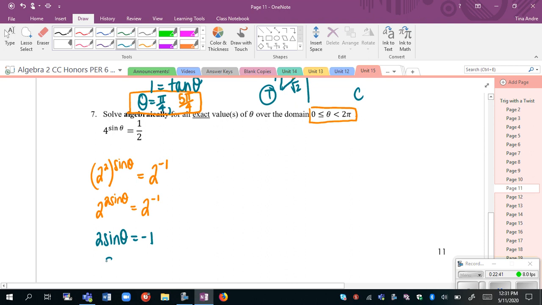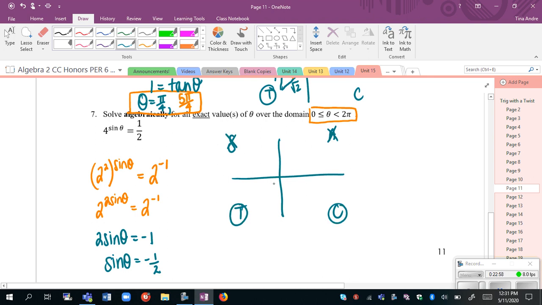So this is exactly like what we just did. So now sine of theta is equal to -1/2. And now we go through and we solve it. So now we can draw our picture. Where is sine negative? Well, not here or here, so it's going to be in quadrants 3 and 4. So we can draw our triangles.